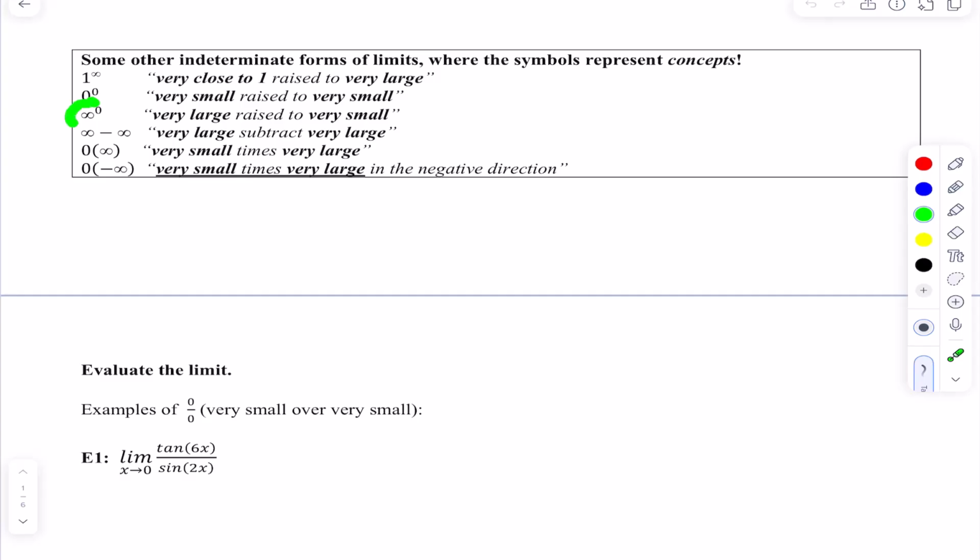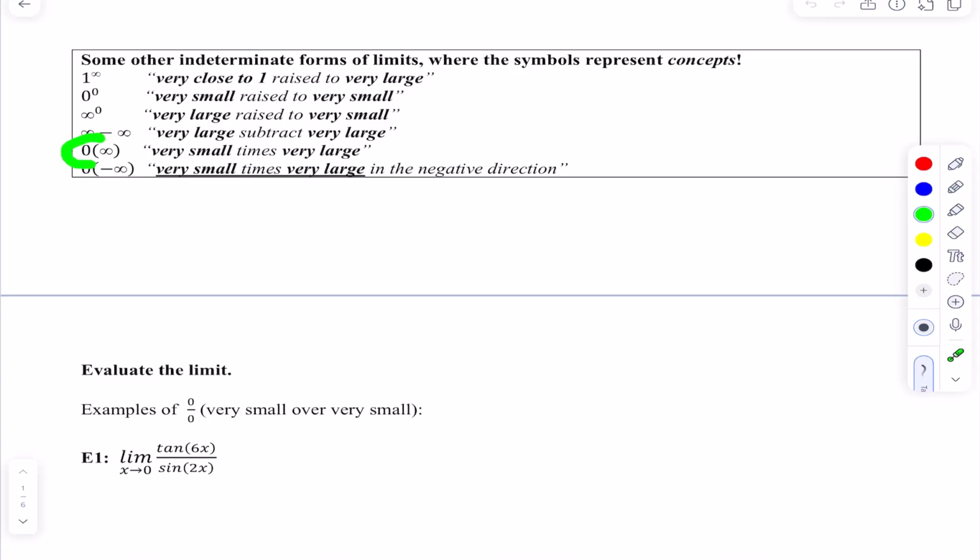Another one that is indeterminate is very large raised to very small. This one's more intuitive. I mean, if you think about very large, subtract very large, that doesn't say much. Just imagine 1 trillion minus 1 billion. What's the outcome?